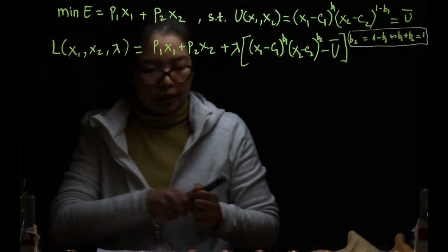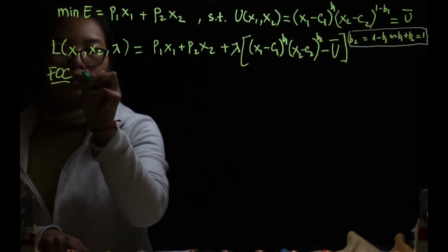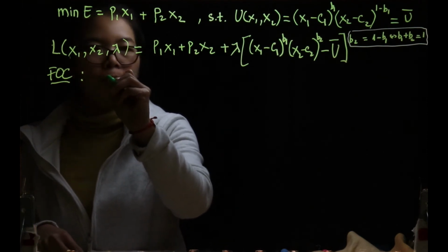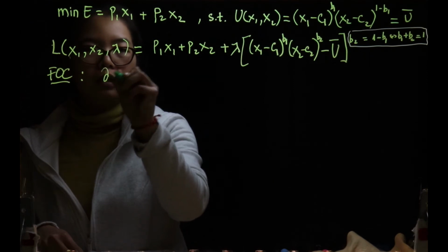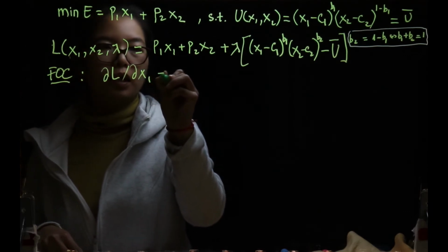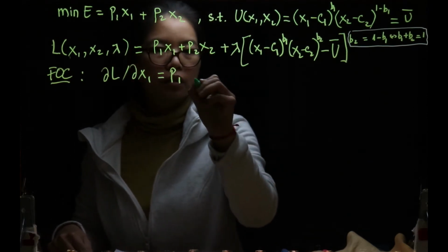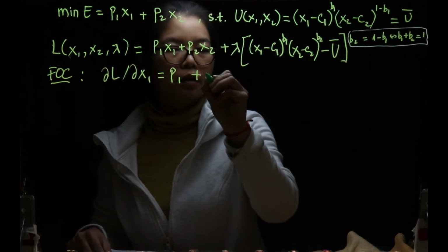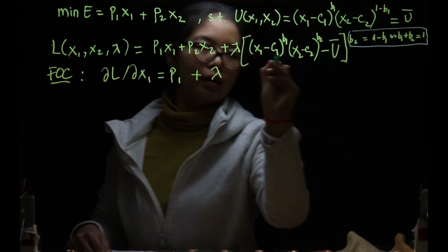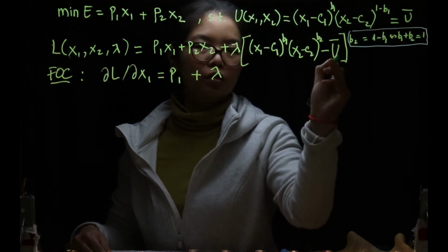Okay. Now, first order condition. Standard, very standard approach. Again, calm down. Take it slowly. We can do it. So the first one is the derivative of L with respect to x1, which is now P1. There's no x1 in the constant, good, don't have to care. And then plus lambda, and the one inside is the derivative we have taken last week when we took the derivative of the utility function.